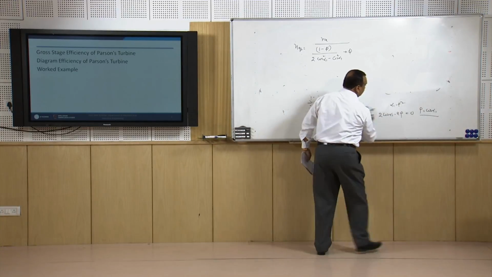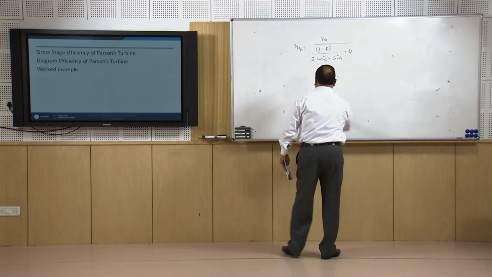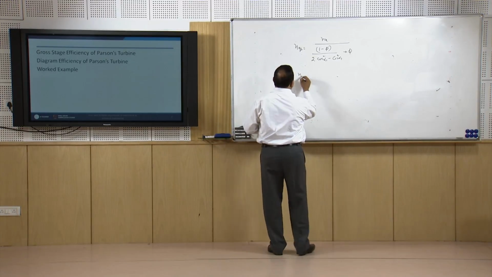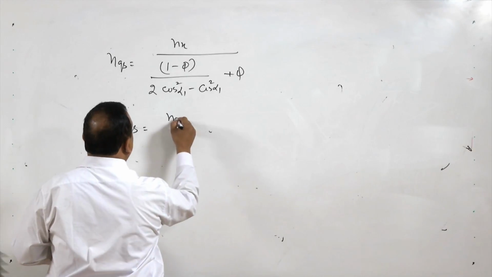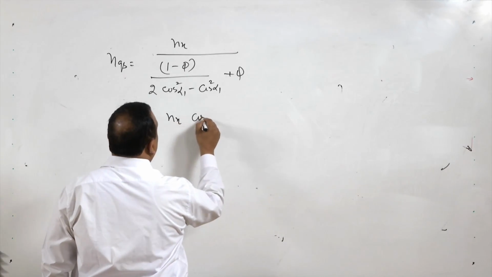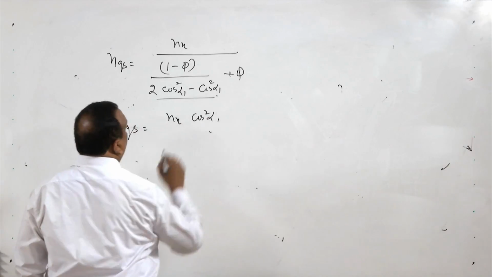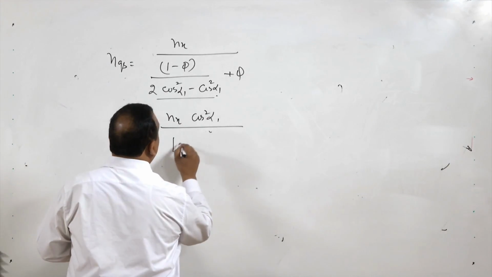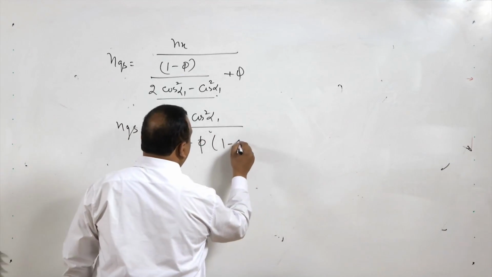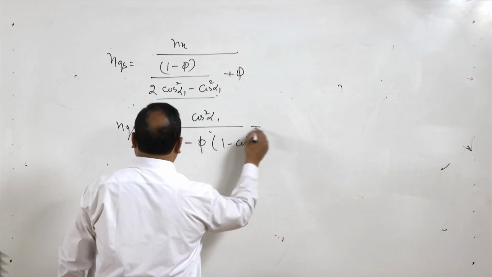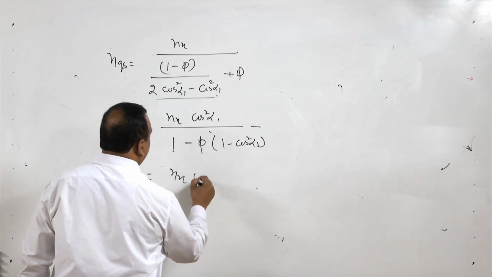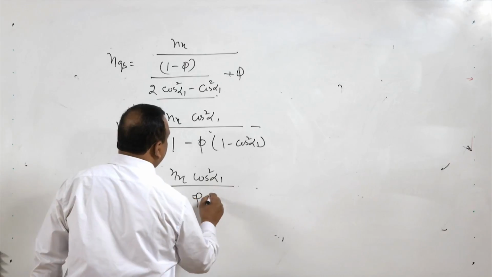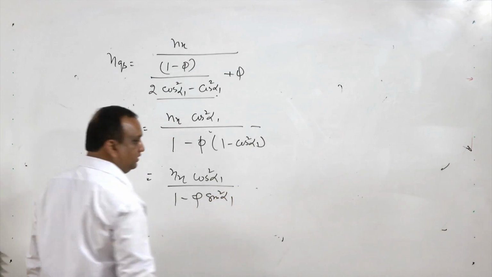This will give Gauss stage efficiency as efficiency of the nozzle cos square alpha 1 divided by 1 minus phi 1 minus cos square alpha 1, or cos square alpha 1 by 1 minus phi sin square alpha 1.